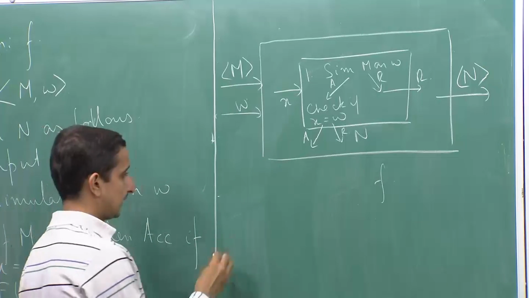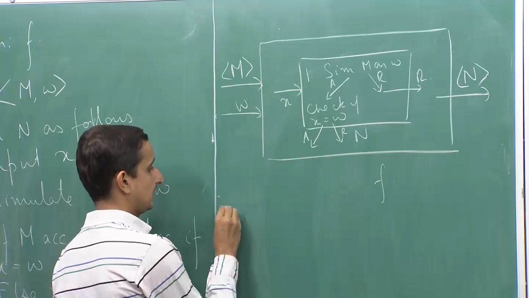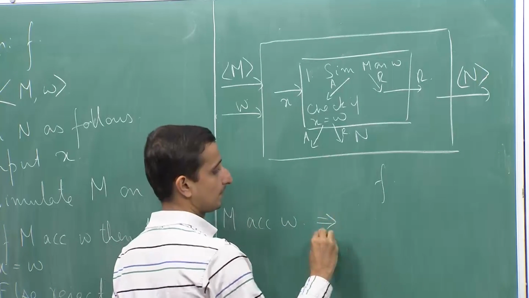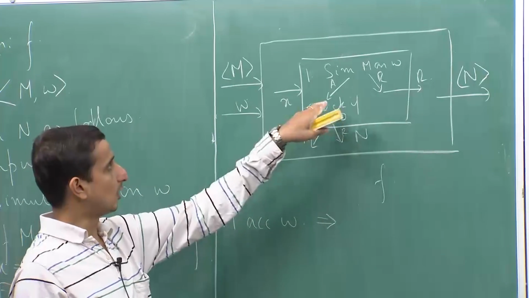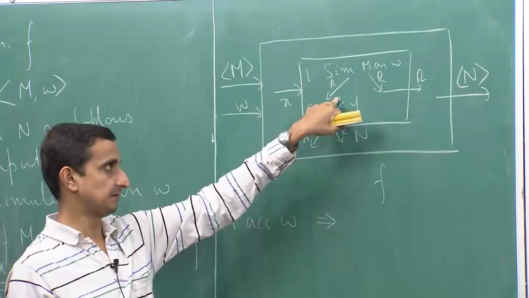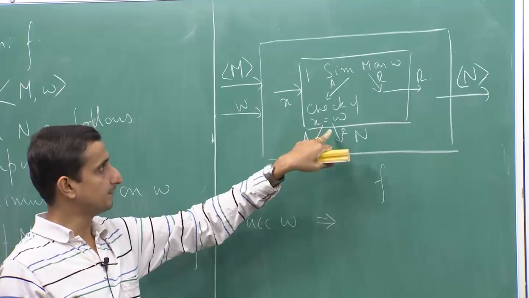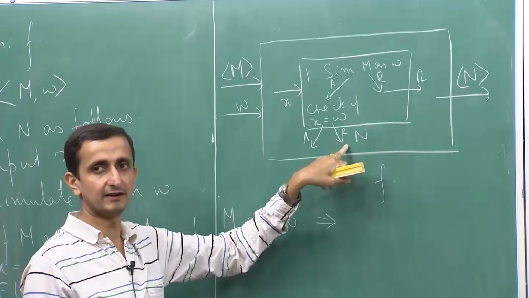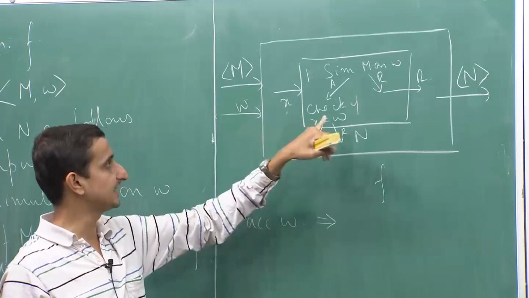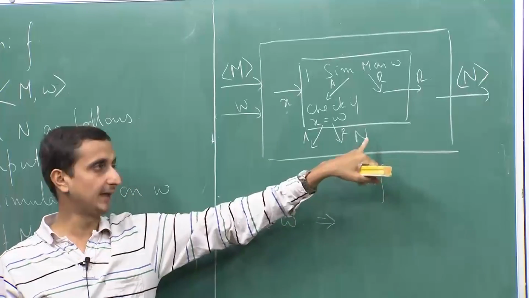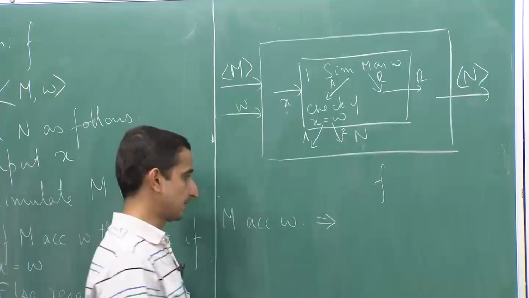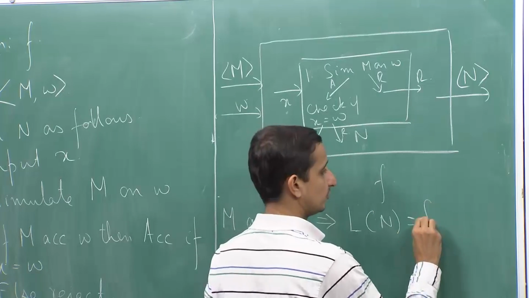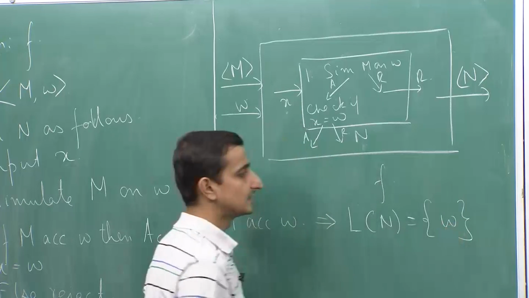Let us try to understand what is happening. Suppose M accepts w. Then the machine N is going to check if x is equal to w. If x is not w, it is anyway going to reject. So, N will accept only the string w. Then the language of N consists of only the string w.